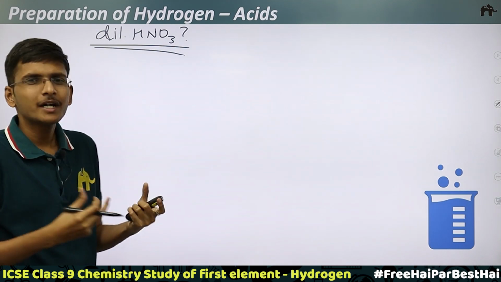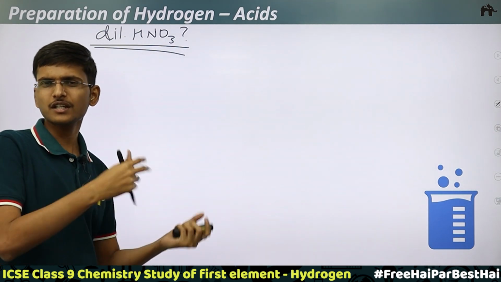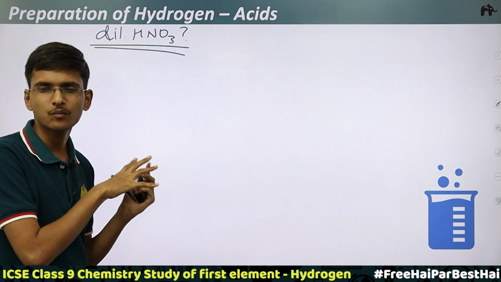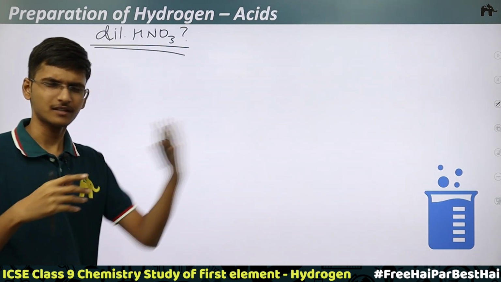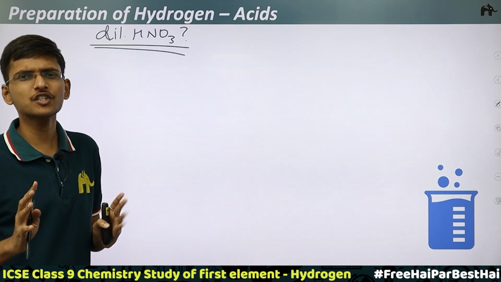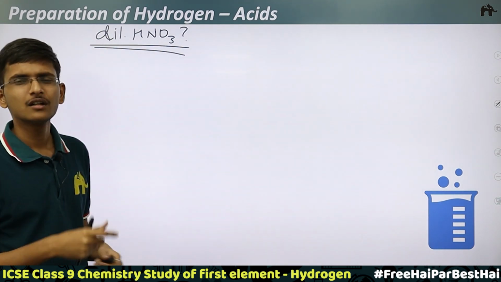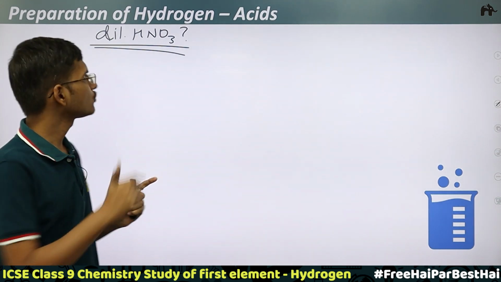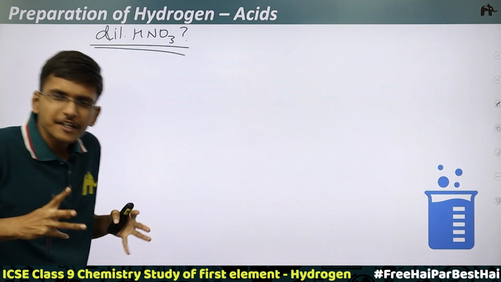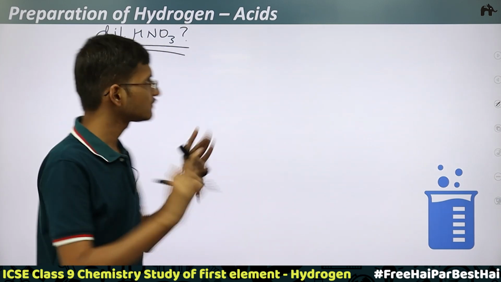What do you mean by oxidizes the metal? Before, when we were studying the Bosch process, I explained what reduction is, and we are going to see it in detail at the end. But still, oxidation you can correlate here as the process in which oxygen is added. So dilute nitric acid adds oxygen to the metal.